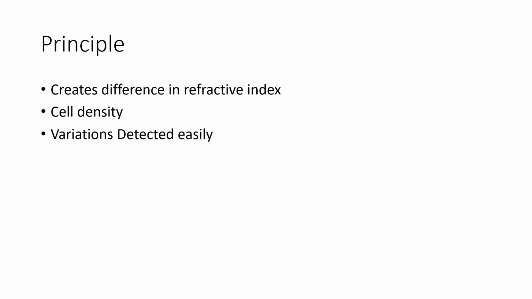Now let's get started with the principle of phase contrast microscopy. As you know, when a cell consists of mitochondria, cytoplasm, and other internal structures, there is always a difference in refractive index. Different refractive indexes and different cell densities are already present.